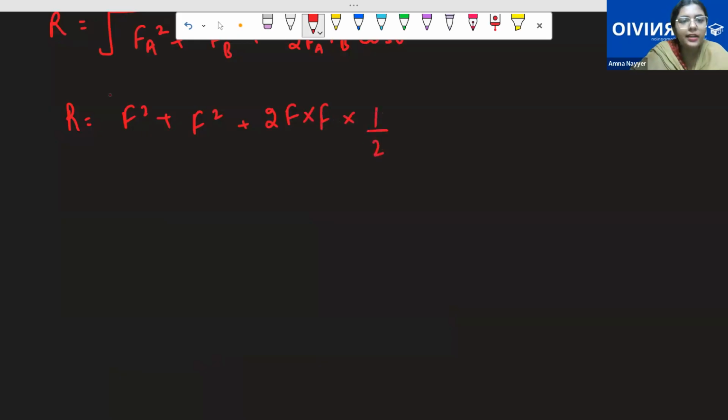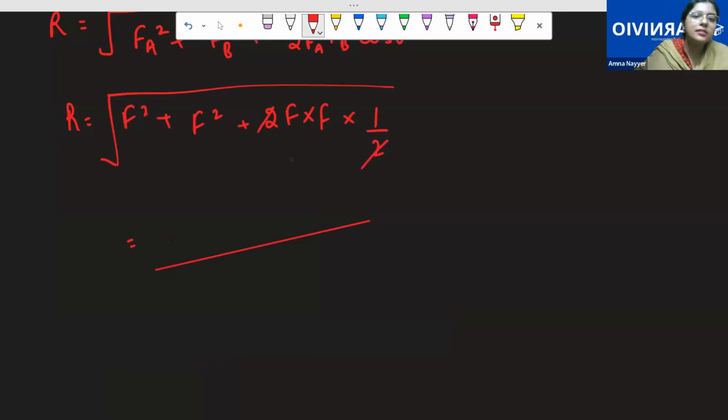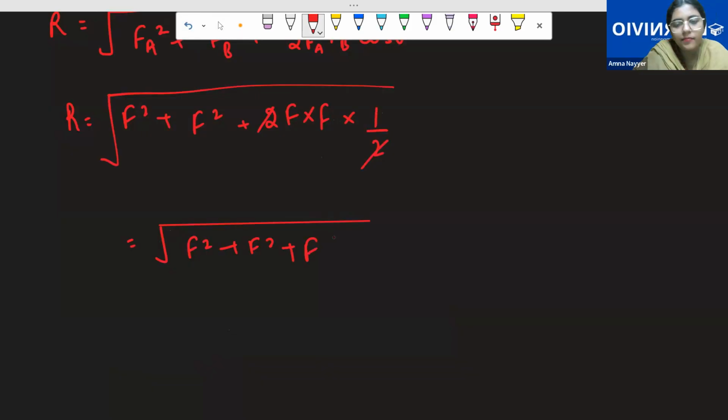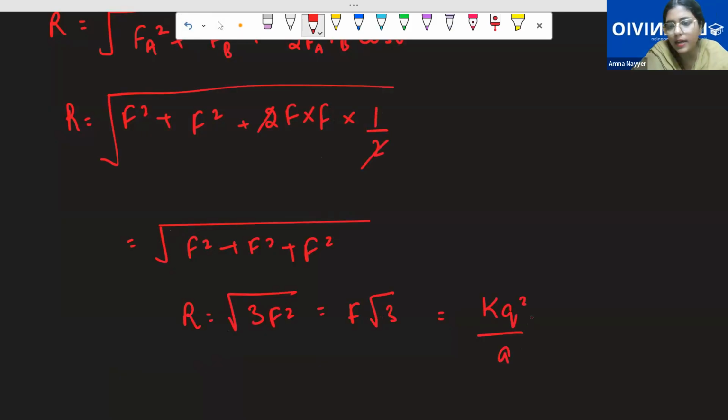That is 1 by 2 under root of this. 2 gets cancelled. So this is equal to F square plus F square plus F square. That is resultant is equal to under root of 3F square. That is F root 3. What is our F? K Q square by A square into root 3 Newton.